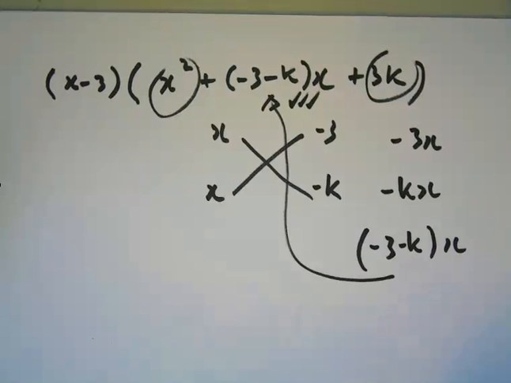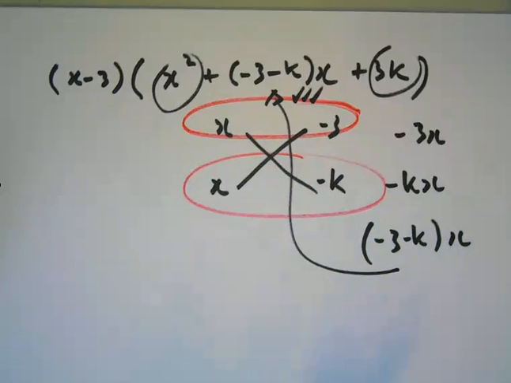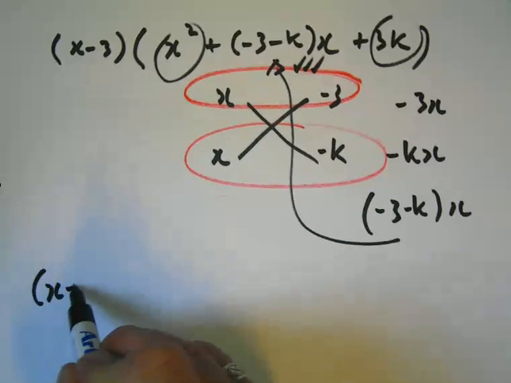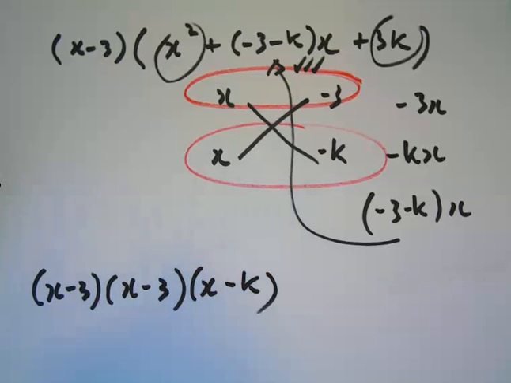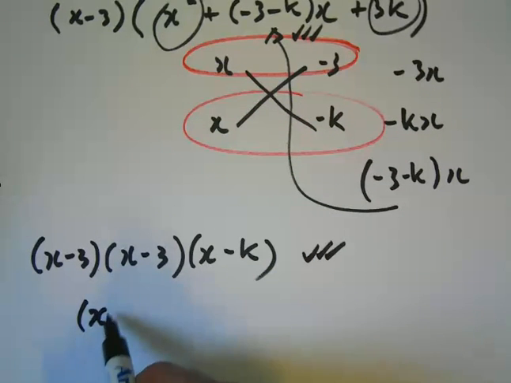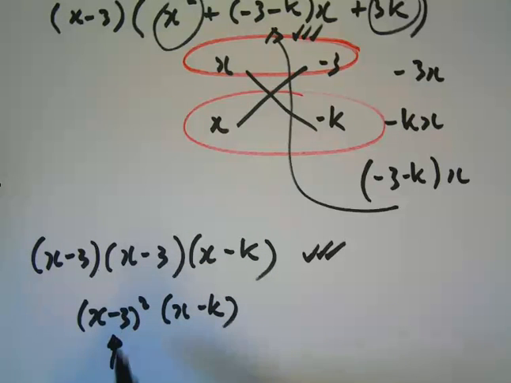So that now gives me two more factors. And my factors are x minus 3, x minus 3, x minus k. And the question said, show that I have repeated factors. I have repeated factors of x minus 3 squared, x minus k, and there is my repeated factor of x minus 3.